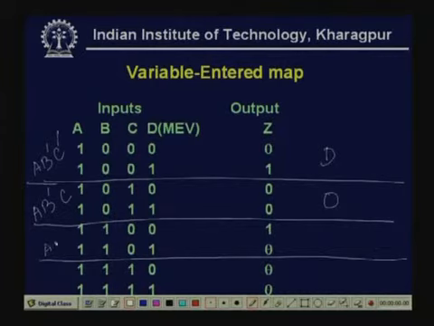Similarly, this is for A, B, C dash. This is 0 1, D is 0 1, then Z is 1 0. So this is complement. And for A, B, C, this is 0 1 and this is C.